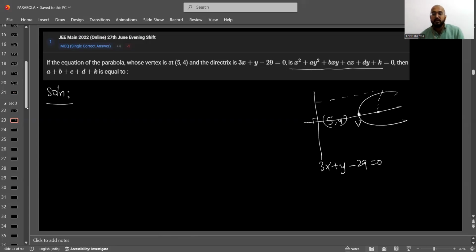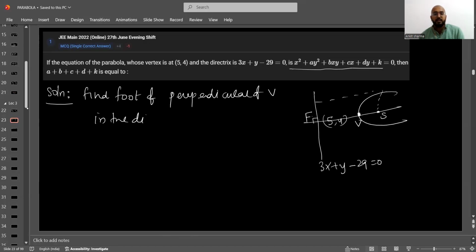So say this is my vertex, this is the foot of perpendicular, and this is S. So find the foot of perpendicular of V in the directrix.